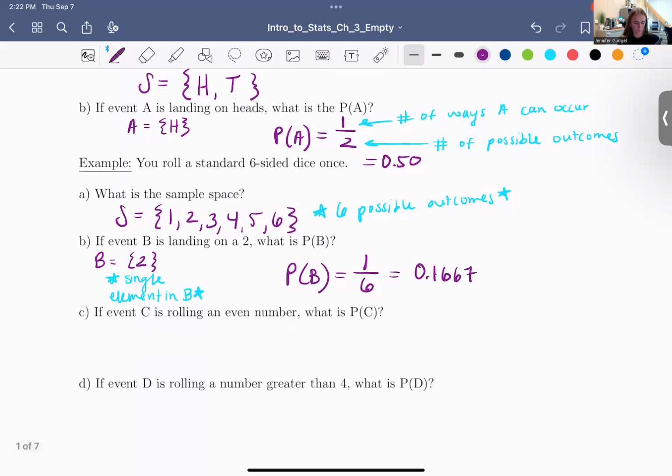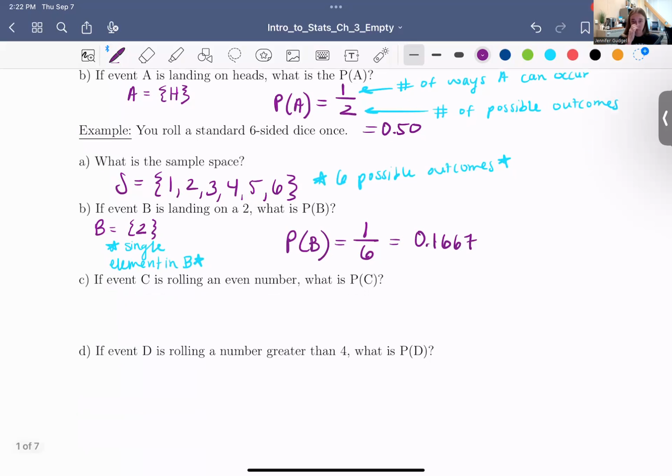What if we were looking at the probability of rolling an even number? Event C is what we're going to call this, rolling an even number. Well, out of my whole sample space, which ones meet that requirement? Which ones are even numbers? We have 2, we have 4, and we have 6. Those are the elements that are in event C. There are multiple ways this time that we could accomplish this task.